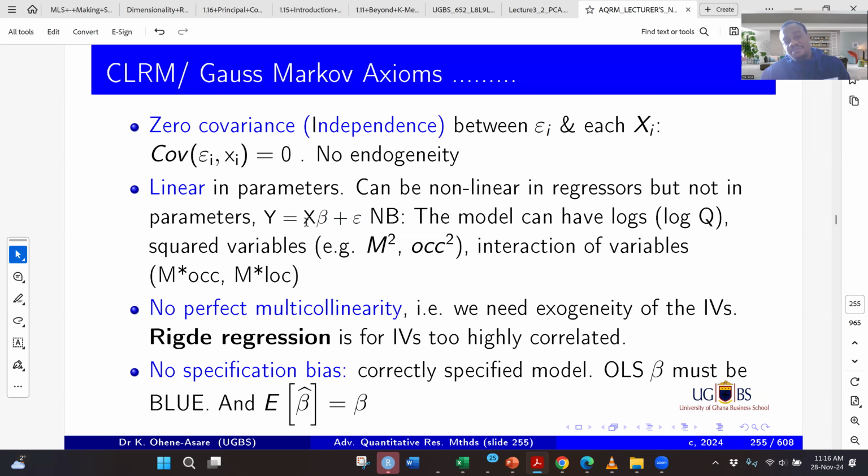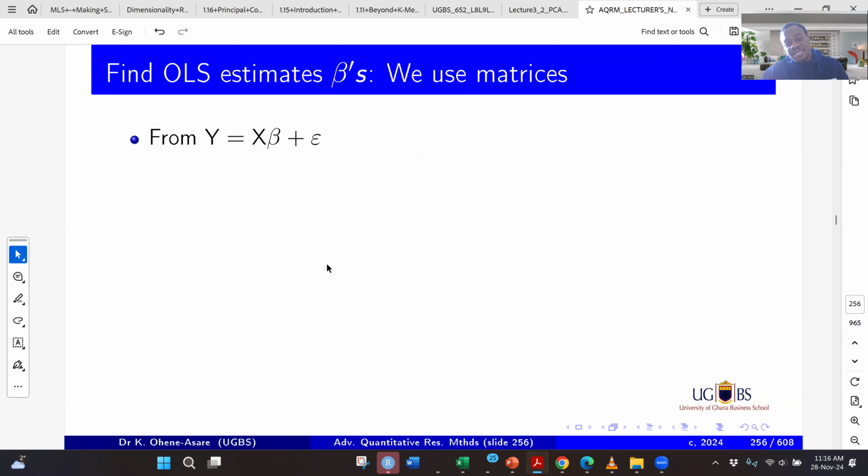Now, with this assumption in mind, guys, what you want to do is to go through the slide on how matrices can be used to derive the betas. This beta cap, how you can use matrix. I want you to have this in mind that in a multiple regression, these x's, x1, x2, x3, become plenty, and so we use capital X to represent them.